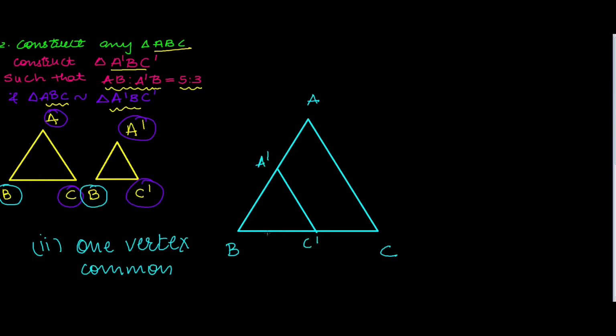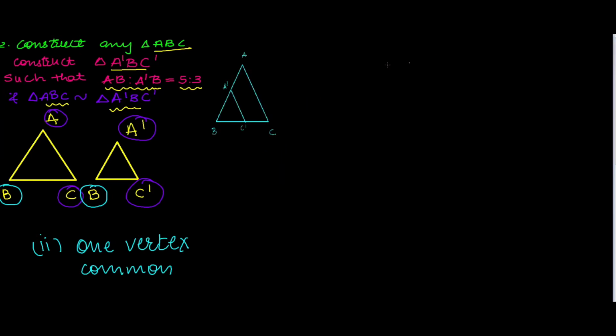Okay, so let us construct this triangle as well. Now as they have told us to construct any triangle ABC, we will take any measurement for triangle ABC. It can be any of your choice, 3, 4, 5, take any. Let us consider that this particular triangle has measurements 4 centimeter, 3 centimeter and 2 centimeter.